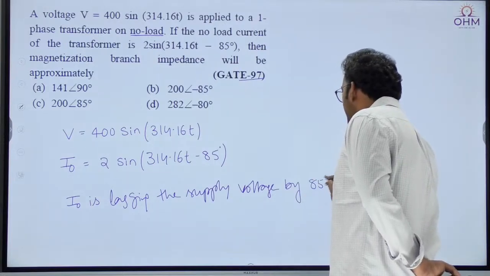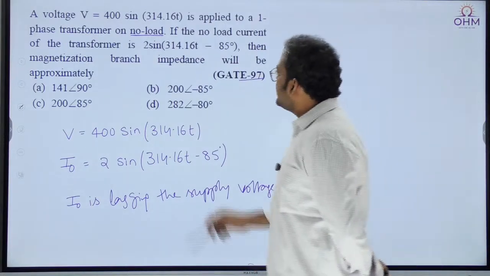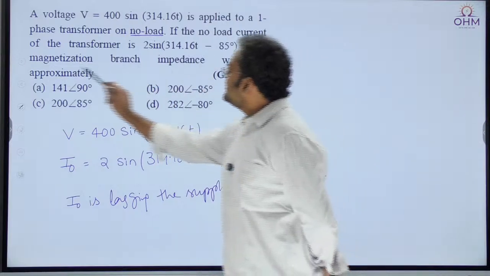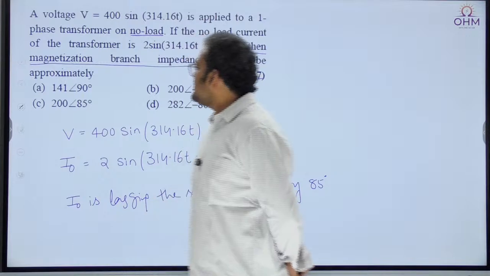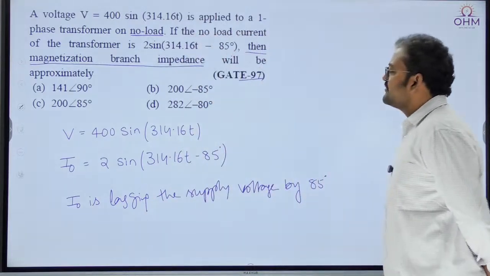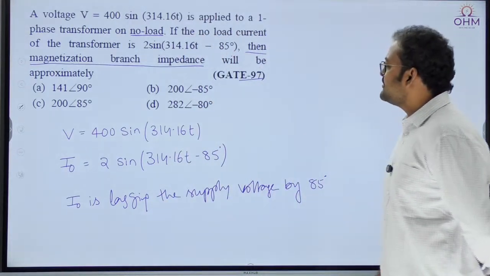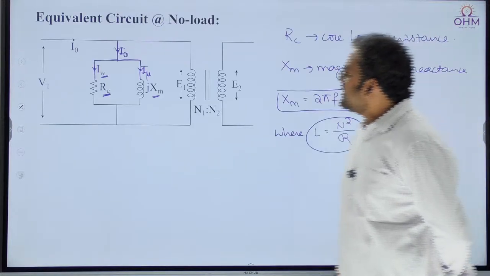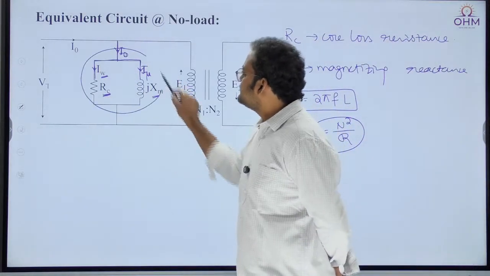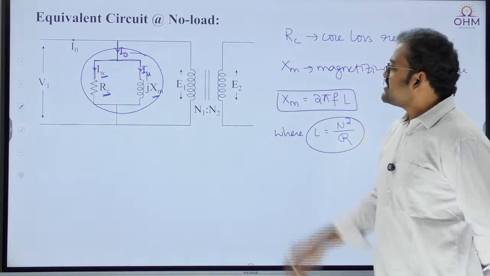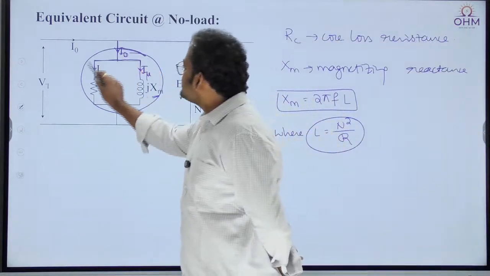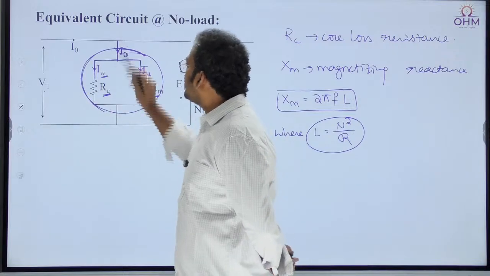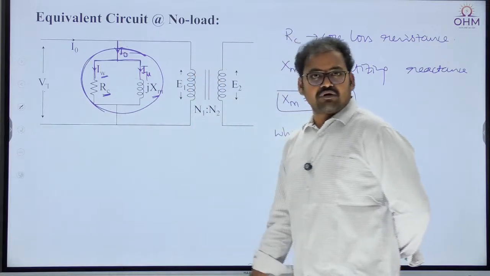Now they are asking for the magnetizing branch impedance. Magnetizing branch means indirectly this shunt branch only. They are asking for the overall shunt branch impedance. Can I say this overall impedance is simply voltage by current?